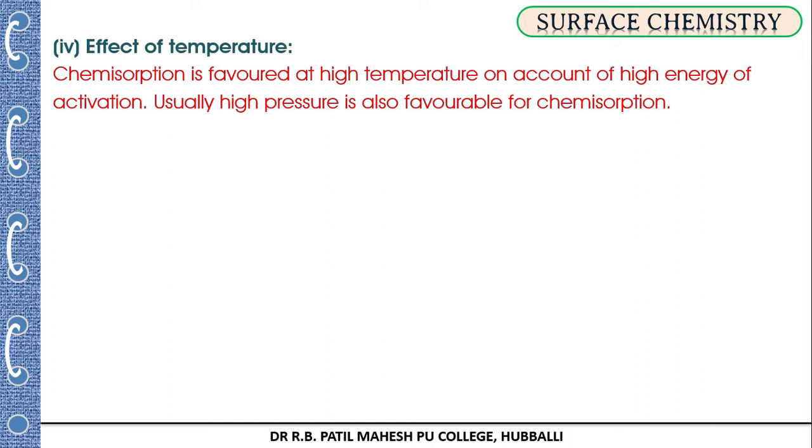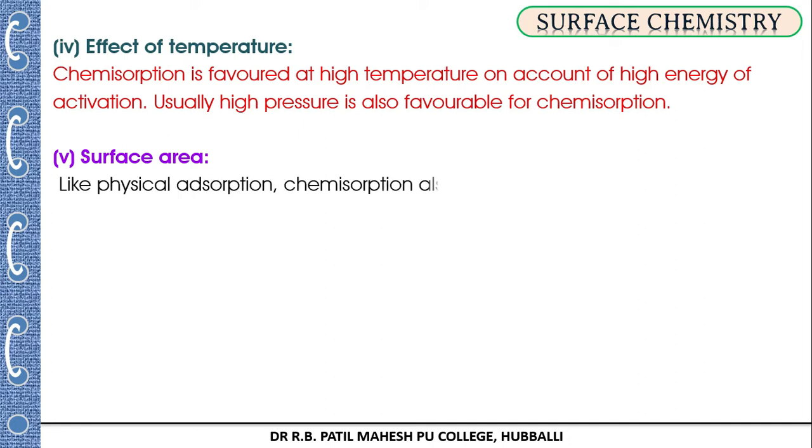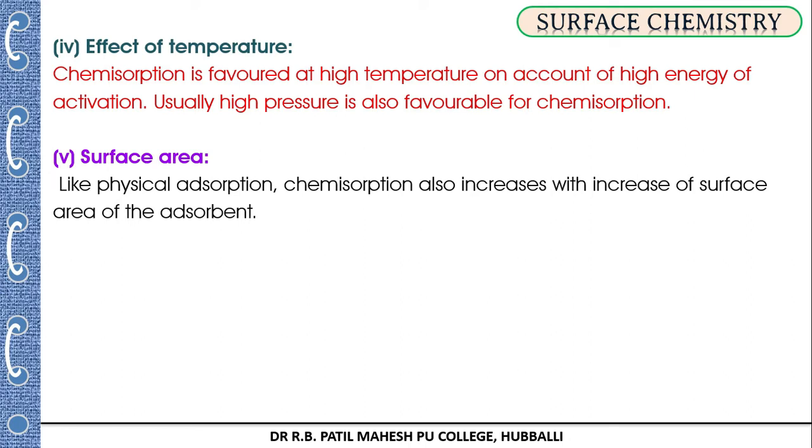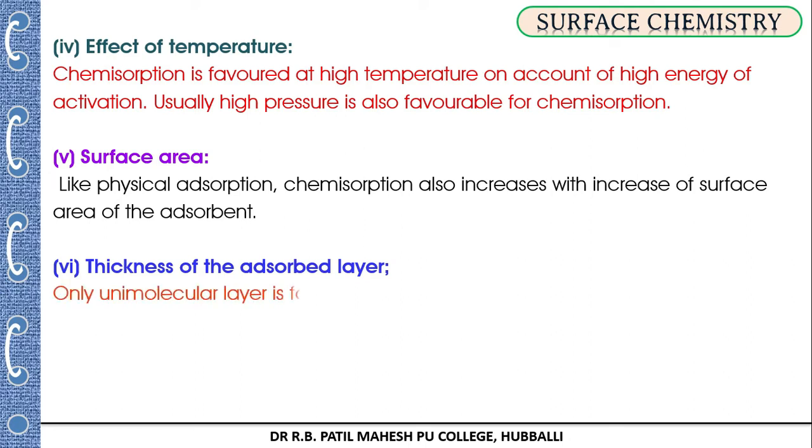Surface area: as we discussed earlier, as surface area increases, both physical and chemical adsorption increase. Thickness of adsorbed layer: we know that chemisorption is a unimolecular layer adsorption, hence only one layer is formed on the surface due to chemical bond.